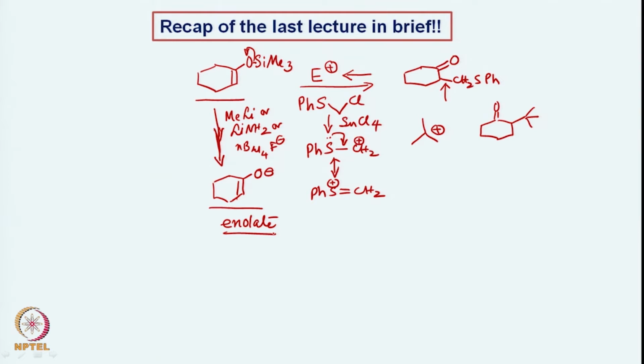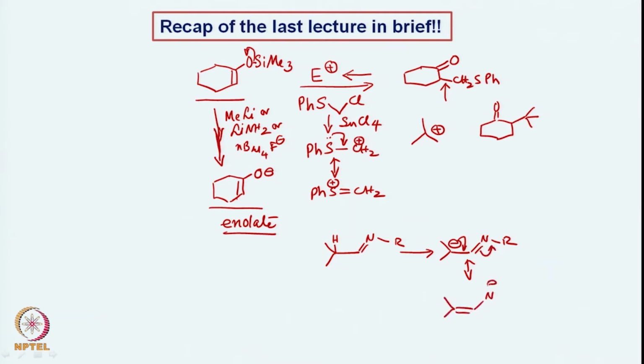And then we saw the chemistry of imine. We had an imine where the proton alpha to the imine group can be deprotonated, and we can generate an enamine of this type, where we can write the resonance structure like this.